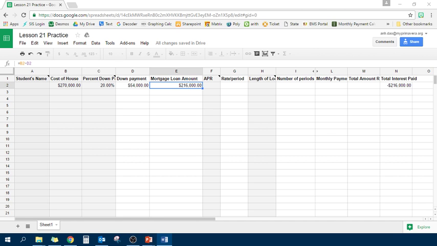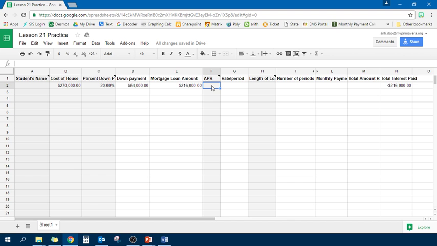Many loans offer between 3.75 and 4%. So I'm just going to enter in 4% in here. Automatically it calculates the rate per period, but just in case you were wondering, the rate per period is simply taking the APR, which is an annual rate, divided by 12 because there are 12 months in a year and we make monthly payments on our mortgage.